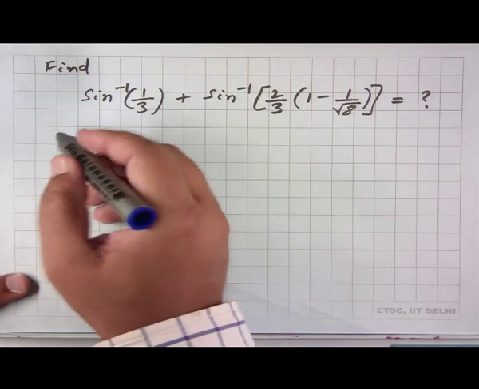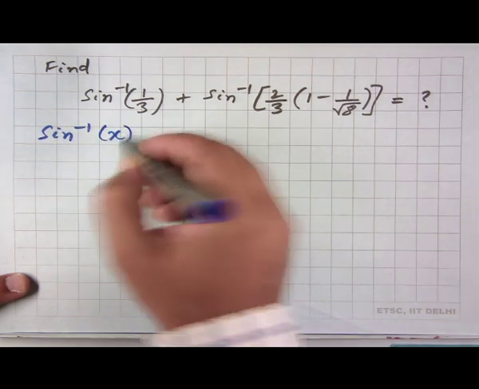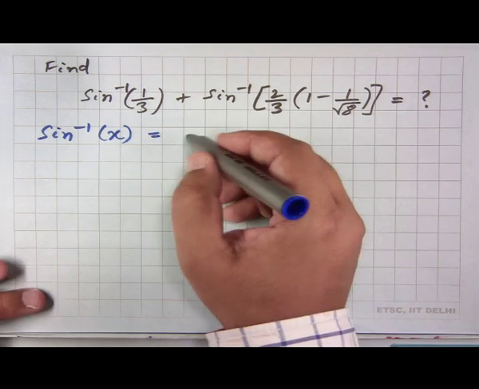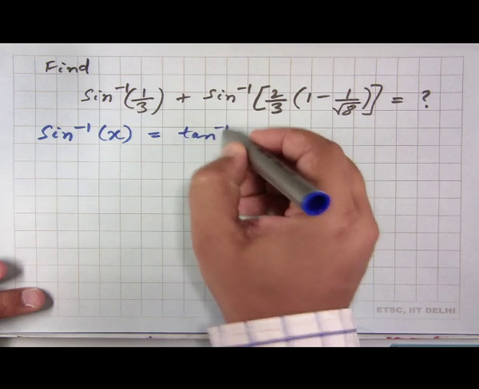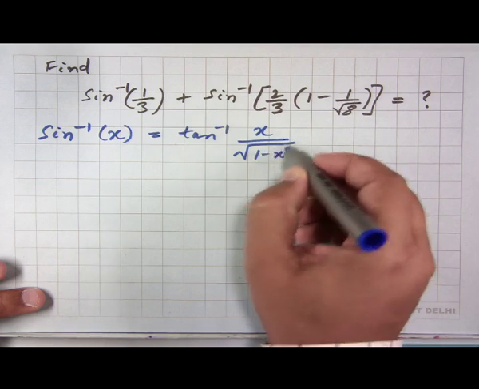So, if we remember, we just proved this formula that sine inverse of x equals tan inverse of x over root of 1 minus x square.